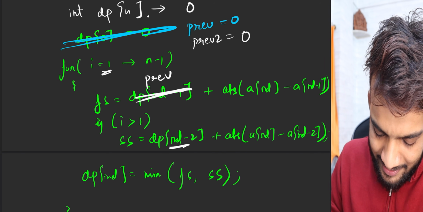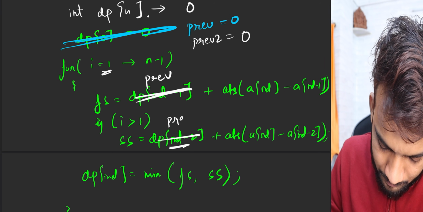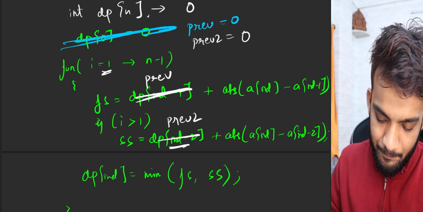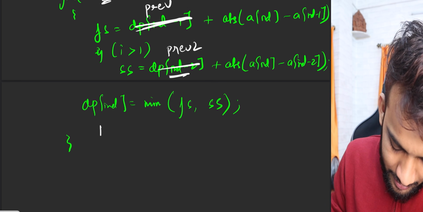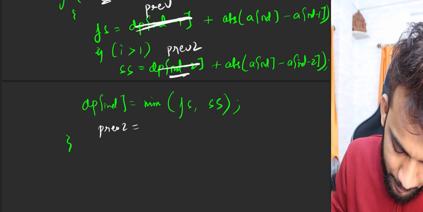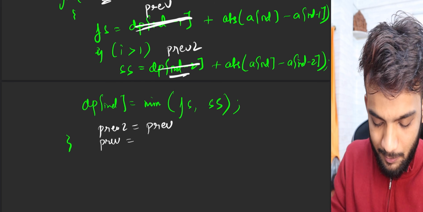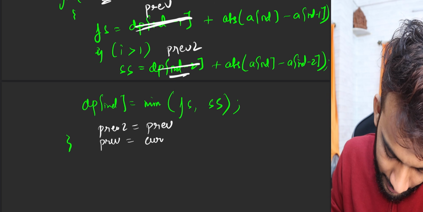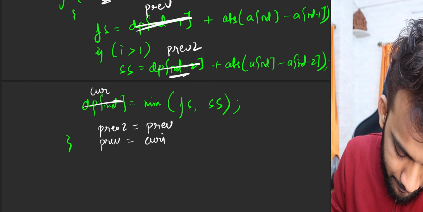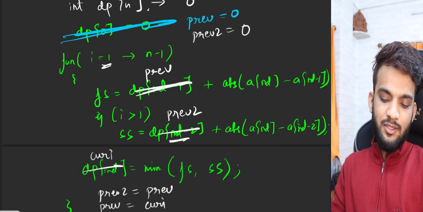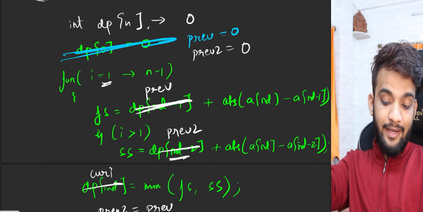And this I can represent as previous 2, because that is what we require. And after that, can I say in the next step, the previous 2 will be previous, and the previous will be nothing but cur i. Make sense? And what will be the answer at the end?